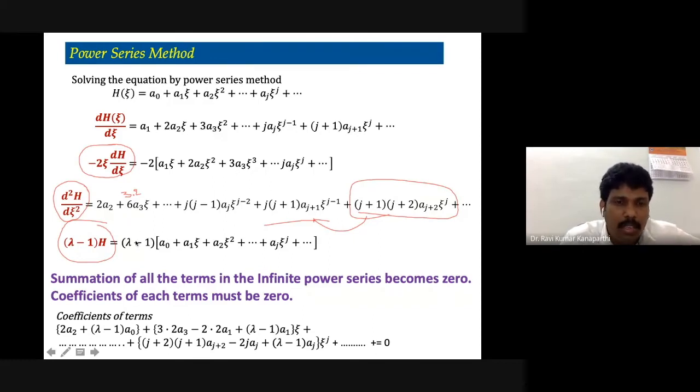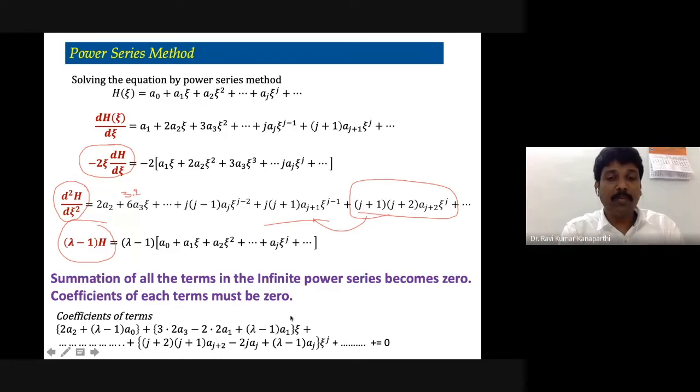And coming to here, you can see lambda minus 1 multiplied by this infinite power series of h of z, right? So lambda minus 1 multiplied by a naught is a constant which doesn't carry any z. Therefore we can write all these. So what I have done is, from here there is a constant term, and here also one constant term. You just take the summation. That's all. And what about the second term?